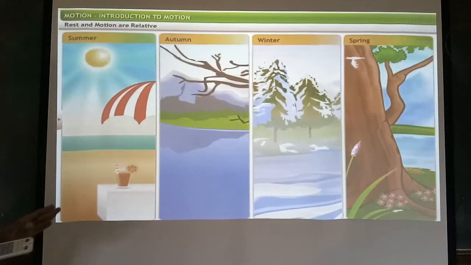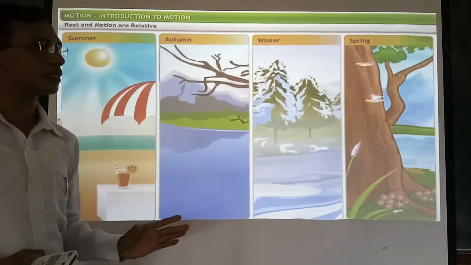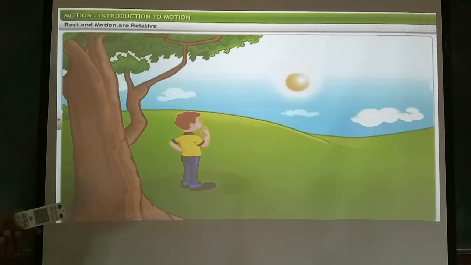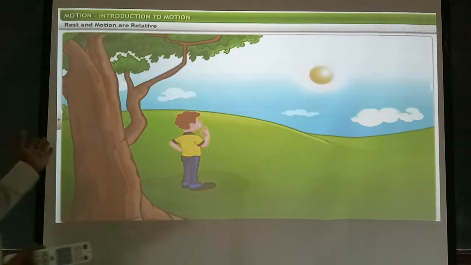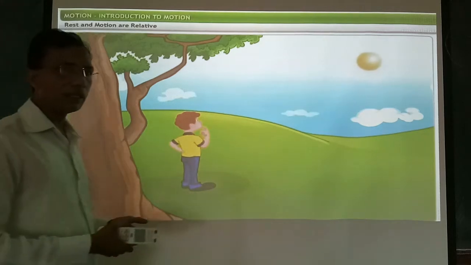For example, the rainy season, summer, autumn, winter and spring seasons are also in motion, as the seasons change every year.